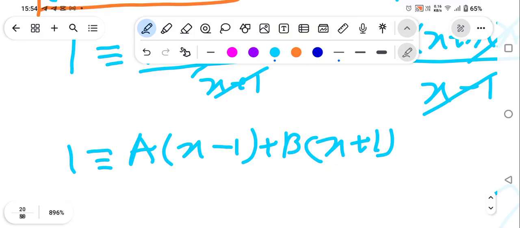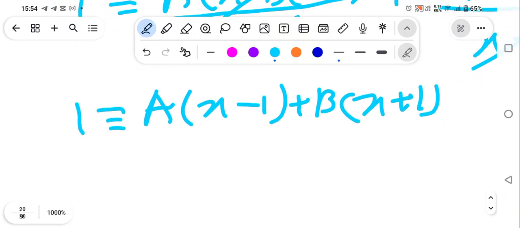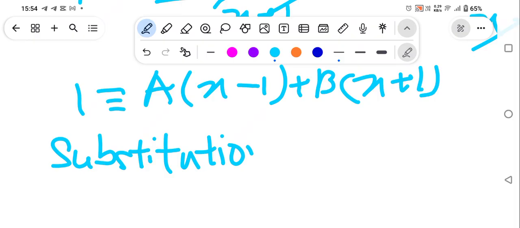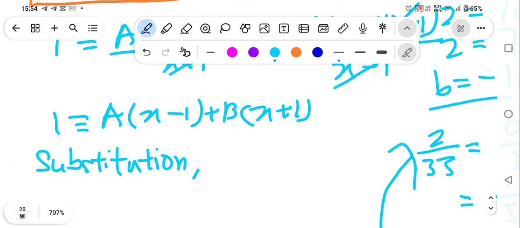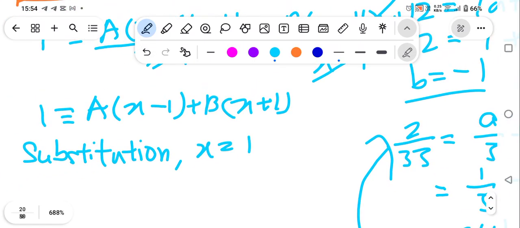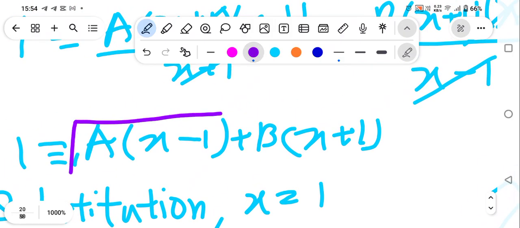So how are we going to solve this? The first thing I'm going to do is substitution. By using the substitution method, I'm going to let x equal 1. By doing x equals 1, we can make this term 0.